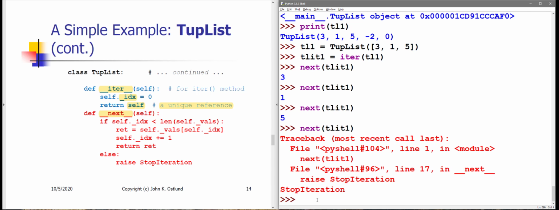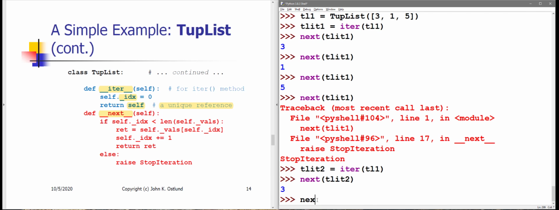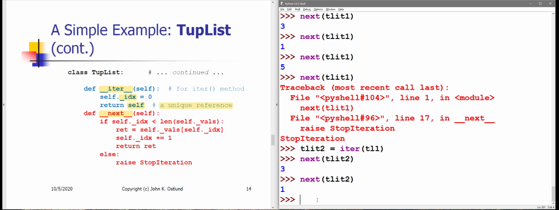I can simply create another TupList iterator, TupList iterator 2, to be an iterator over TupList 1. And I can now ask for the next value using that iterator, TupList iterator 2, and so on.